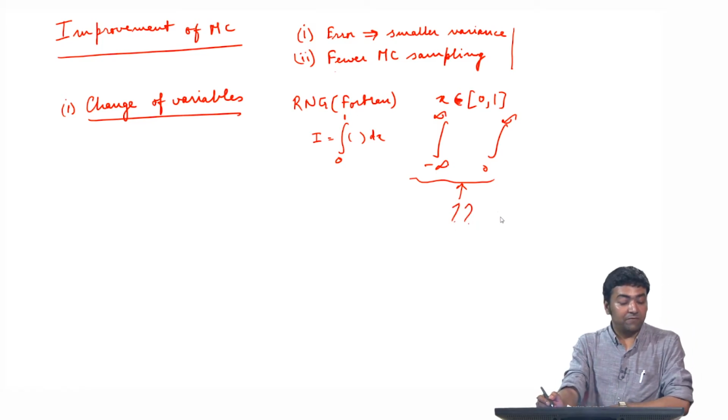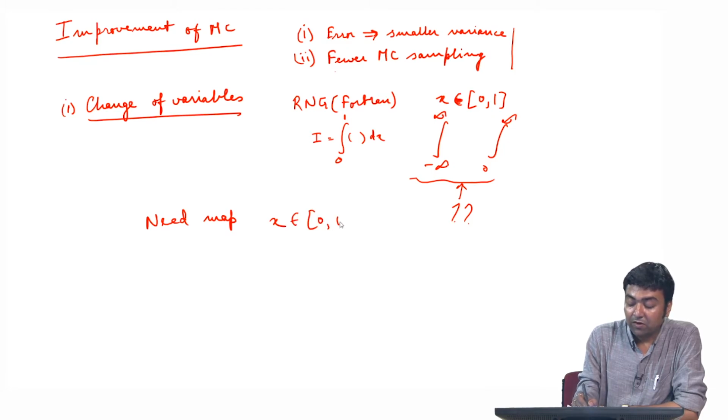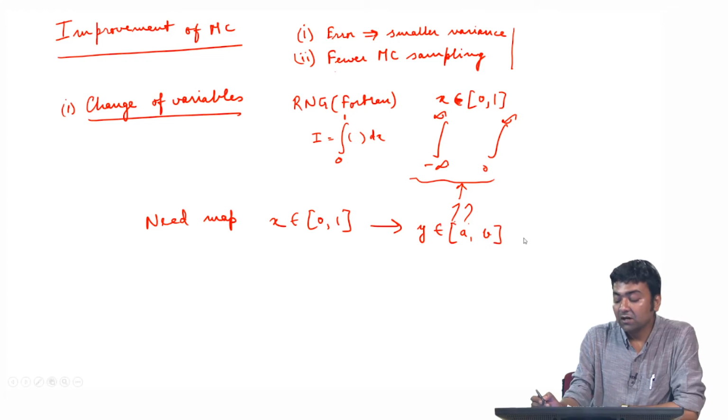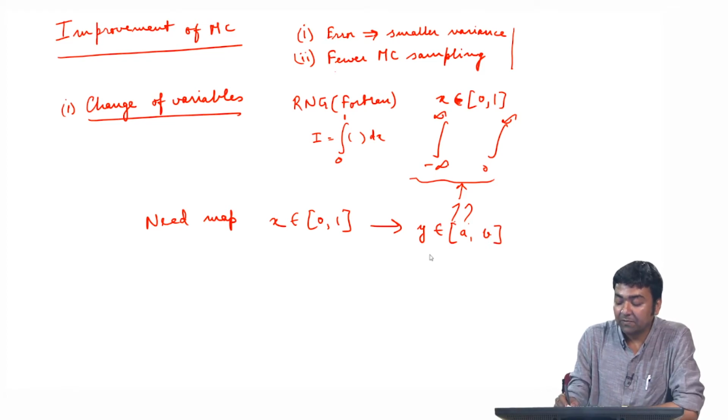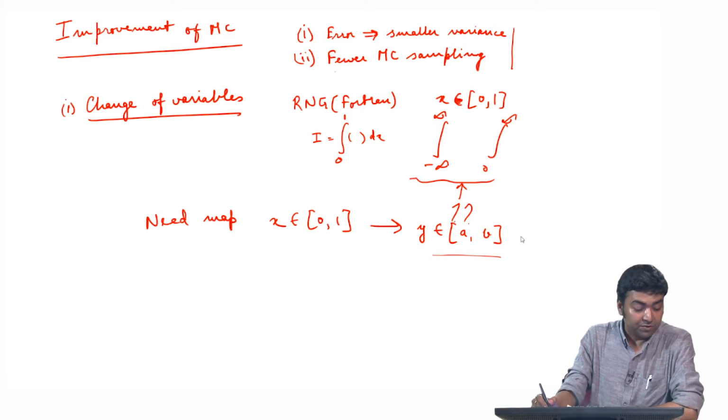For precisely this type of thing, we need to map x that belongs to 0 and 1 to another set of random numbers y that belongs to different limits. So, basically you change the variable, and in the process sometimes you might also need to change the distribution.